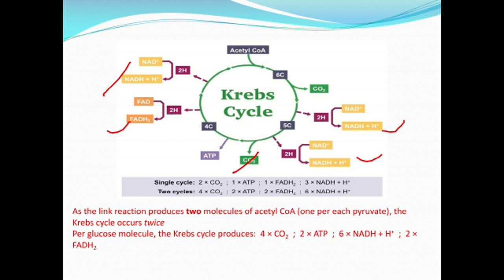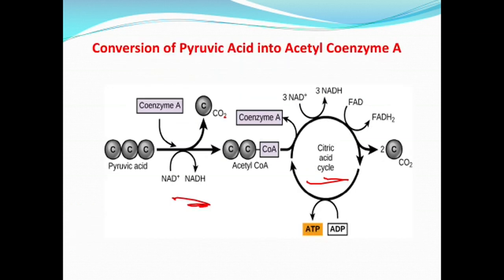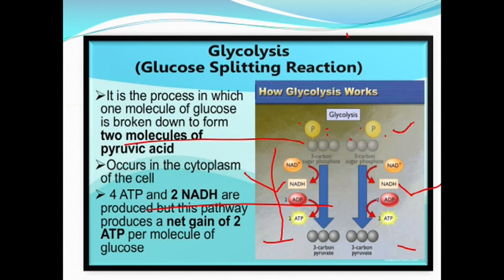Whatever acetyl-CoA enters inside the mitochondria, it involves various cyclic steps, and ultimately it produces 2 molecules of NADH, FADH2 and carbon dioxide. Clear? Why am I saying 2 molecules? Because 2 molecules of pyruvic acid are produced through the glycolysis process. Got it here?